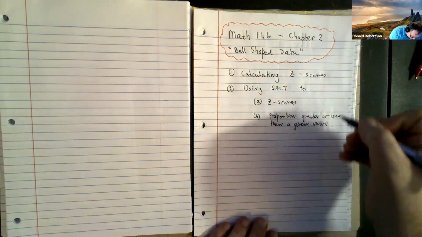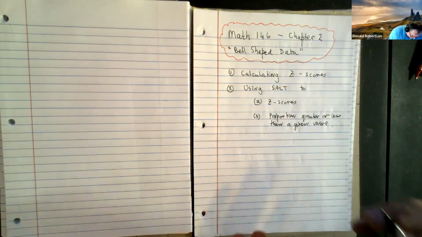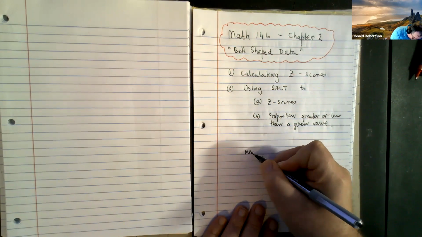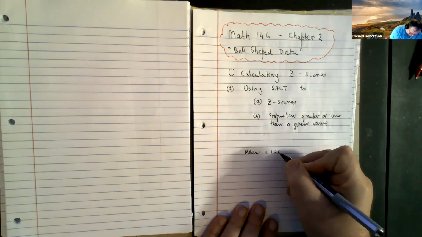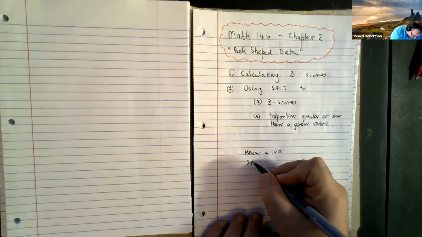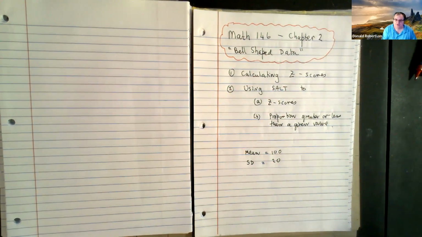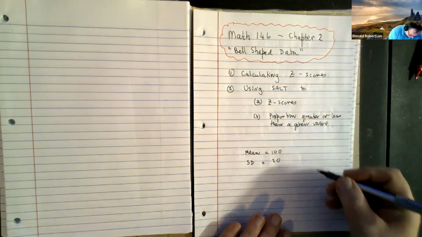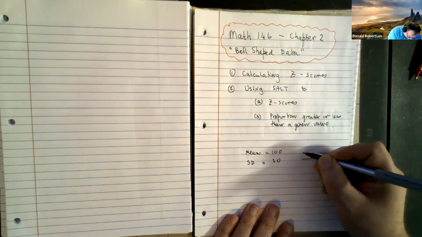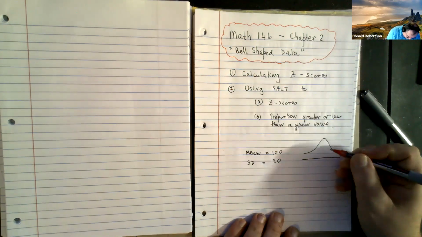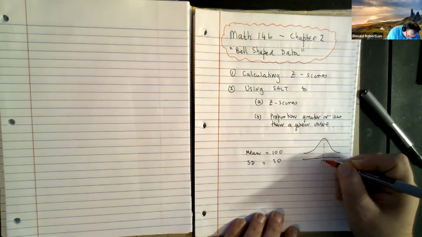So I'll give you a kind of heads up of what kind of question this is going to be. Suppose we know that the mean IQ is 100. And let's say that the standard deviation is 20, right? So there's this IQ test where the average is 100 and the standard deviation is 20, and that it's normally distributed. We know it looks like that. And we know that right in the center is going to be 100.